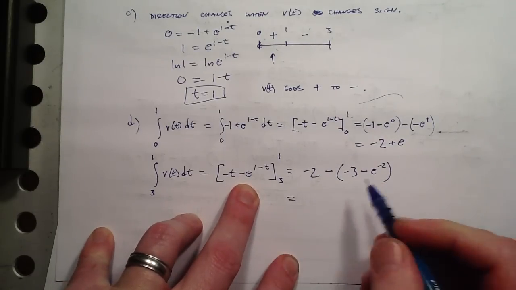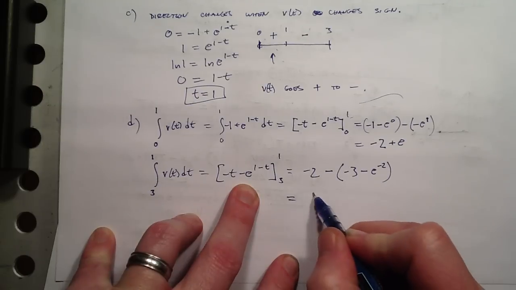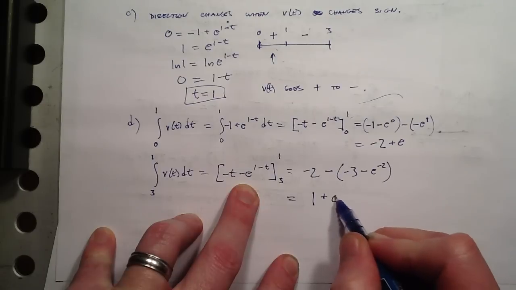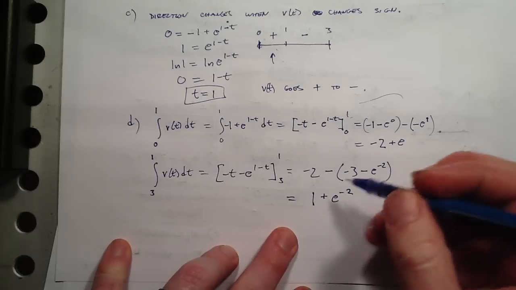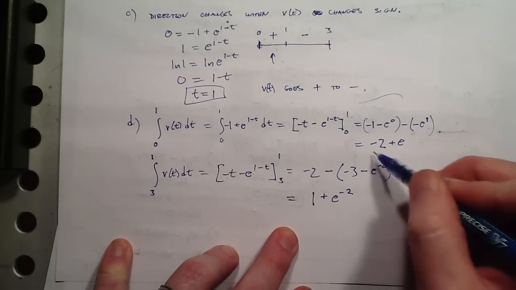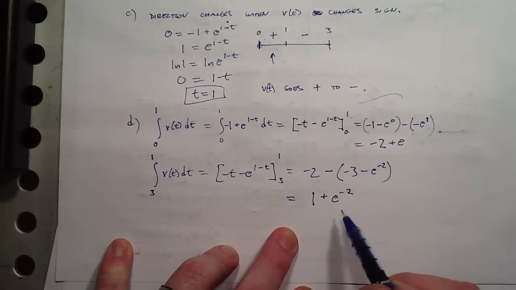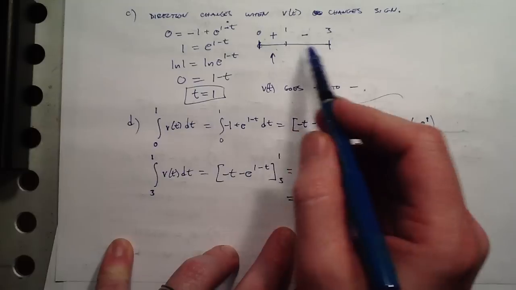That's equal to, let's see, negative 2 plus 3 is 1 plus e to the negative 2. So it traveled this far in the forward direction from 0 to 1, and then it traveled this far in the negative direction from 1 to 3.